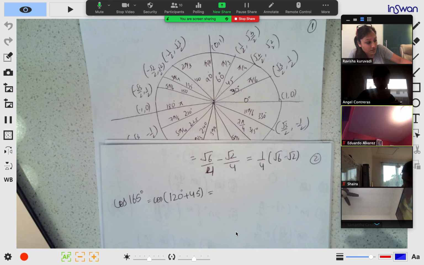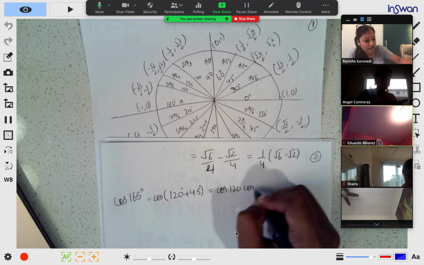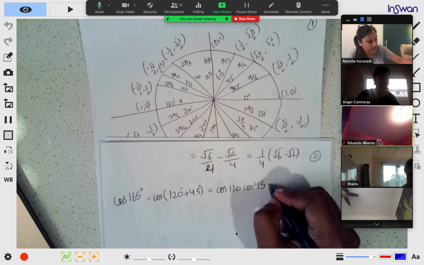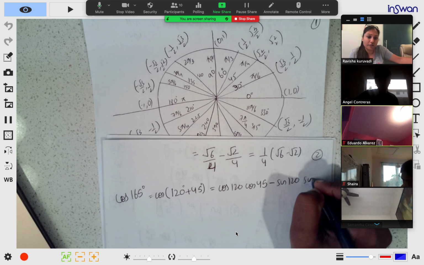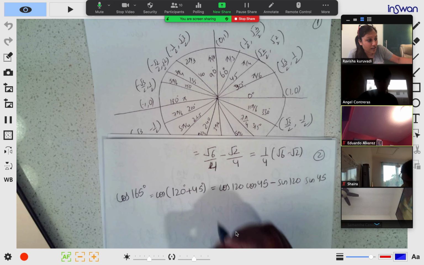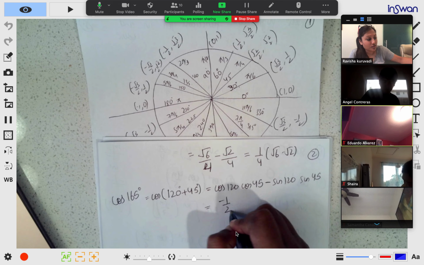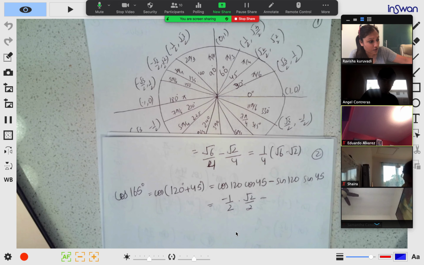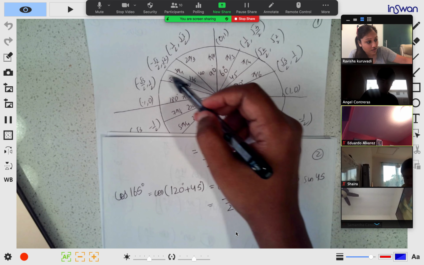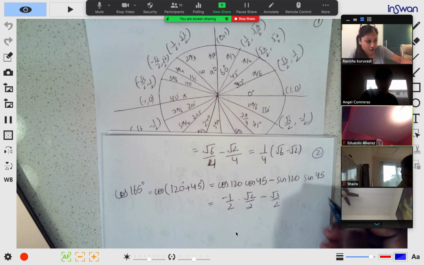So it becomes cosine 120, cosine 45. Since it's an addition sign, you're going to put a minus sign, sine 120, sine 45, and plug in the values. Cosine 120 is negative 1/2. Cosine 45 is root 2 over 2. Minus sine 120 is root 3 over 2, and sine 45 is root 2 over 2.